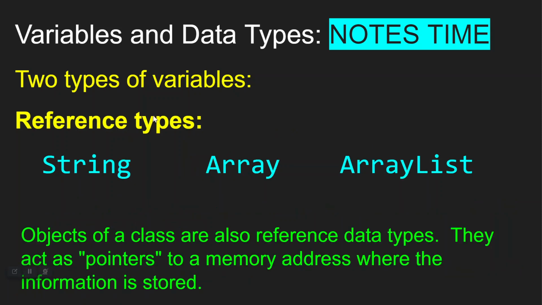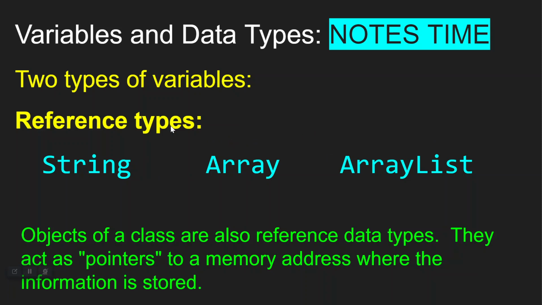Now, when you get to reference data types, the problem is you don't really know, and the computer doesn't really know, how many bits are going to be necessary to store a String. For instance, a String could be just a single character. It could also be an entire sentence, right? So it could be really small, or it could be really, really long.